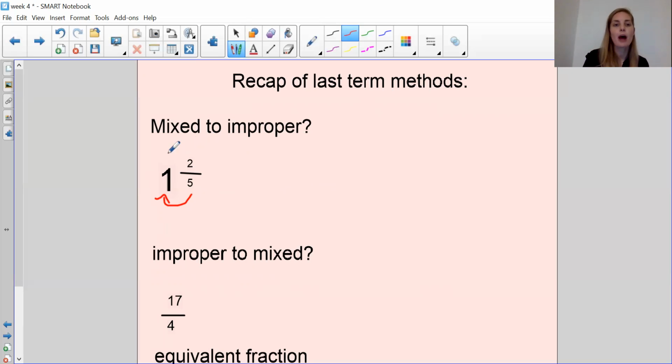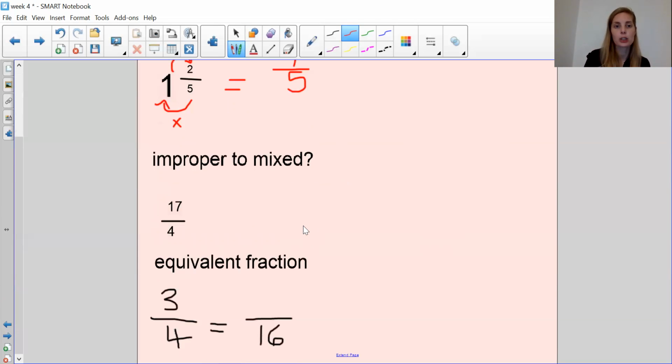So if I have a mixed number, it means I have a whole plus a fraction, and so I'm going to then change it to an improper fraction by saying 5 times 1, which is 5, and then I add the top number, which is 2. So 5 plus 2 is 7, and I leave the bottom number the same, fifths. Keep it the same, and that is how I leave it. All right, and there I've changed my mixed number into an improper fraction.